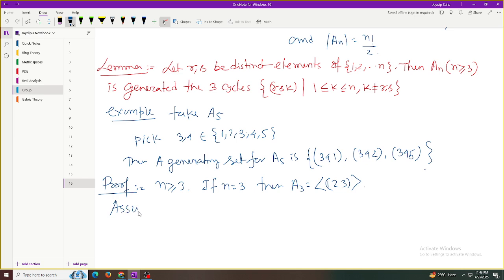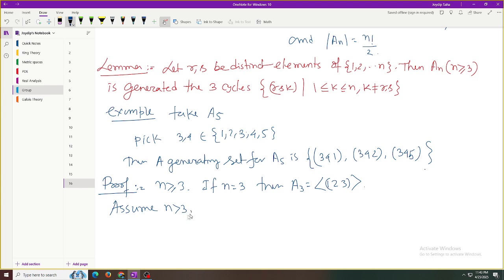Assume n greater than 3. Then every element of An is a product of an even number of transpositions.